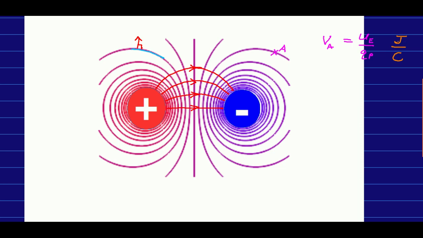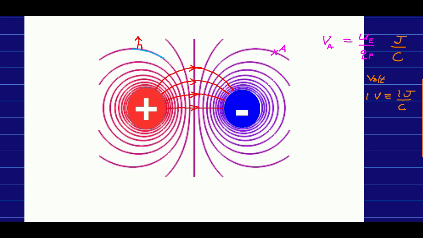Unlike field, though, we have a name for this unit. This is the volt. You've probably been wondering when volts would show up. 1 volt is defined as 1 joule per coulomb. Now I could label these equipotential curves. Remember, though, that where the potential is 0 is an arbitrary choice.